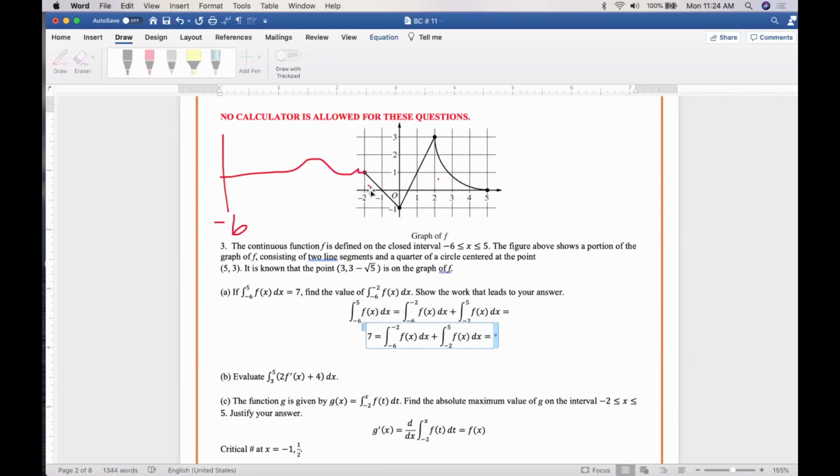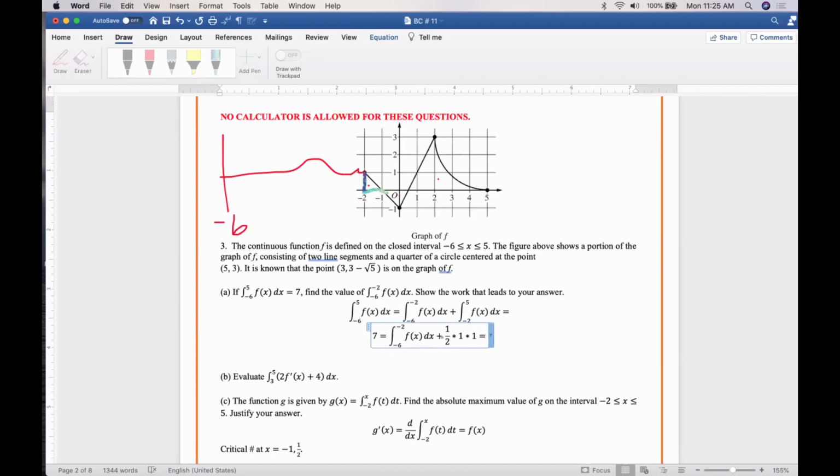First area is the triangle in here. Half, base is 1, height is 1, right? I'm erasing that. I'm putting half times 1 times 1.